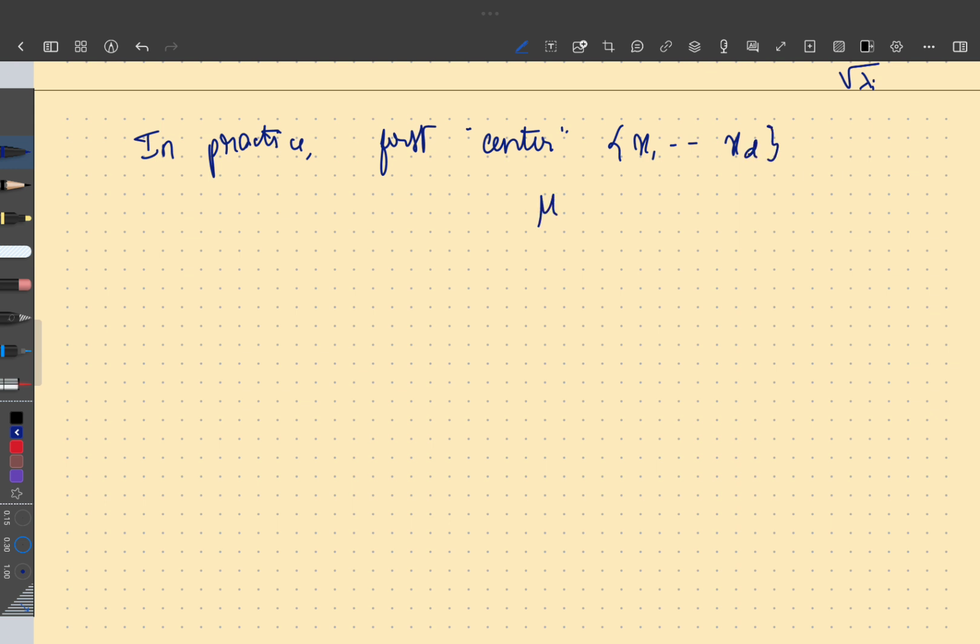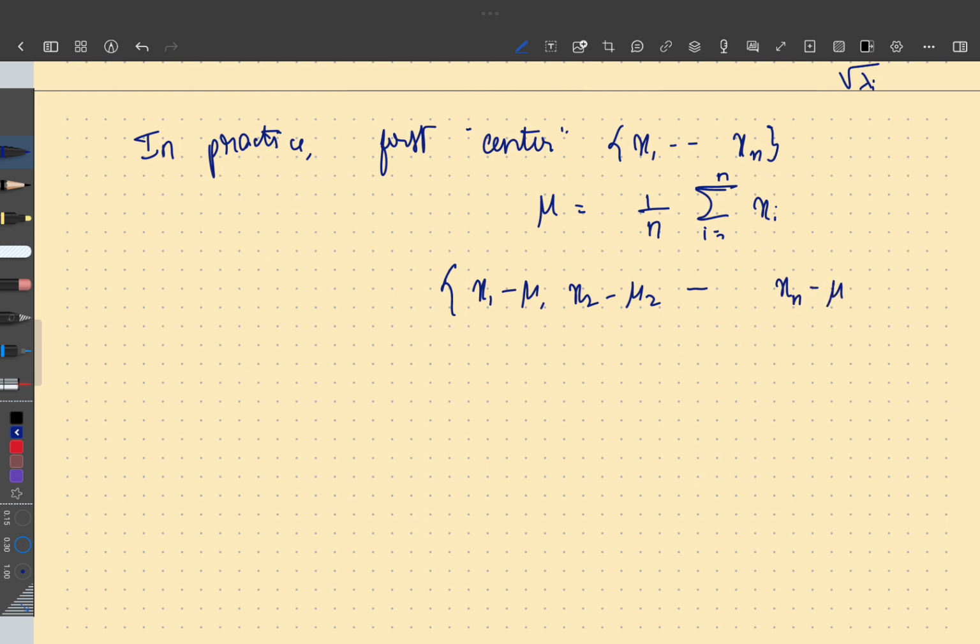So basically you just compute the mean mu, which is 1 over n times the summation of xi from i equal to 1 to n, and then you look at x1 minus mu, x2 minus mu, and so on up to xn minus mu. And then you do PCA on these vectors.